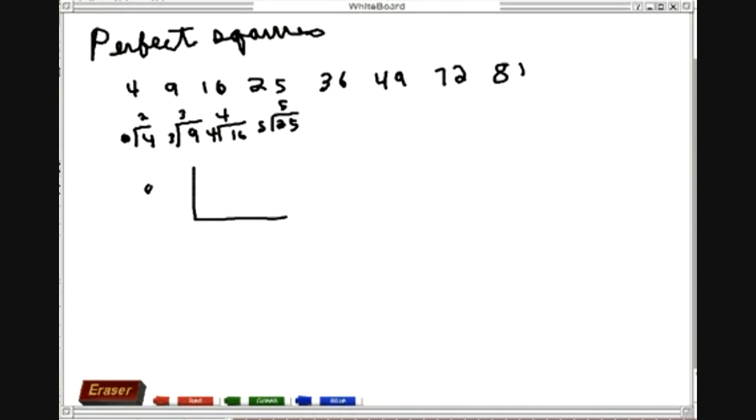We'll call this A, we'll call this B. What you want to find out is the hypotenuse. Like I said, this only works with right-angled triangles. So we'll make this side 2. Could be 2 inches, could be 2 centimeters, could be 2 miles. And we'll make this one 5.